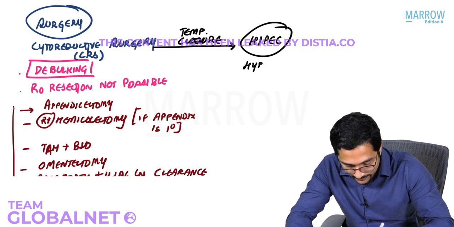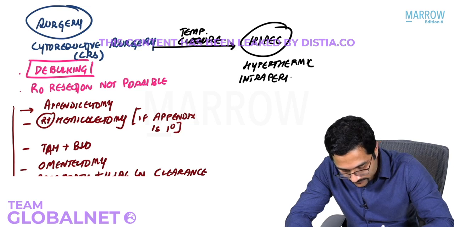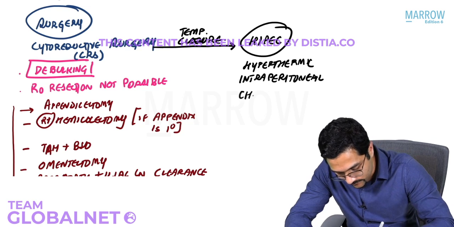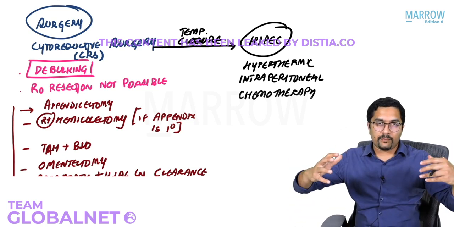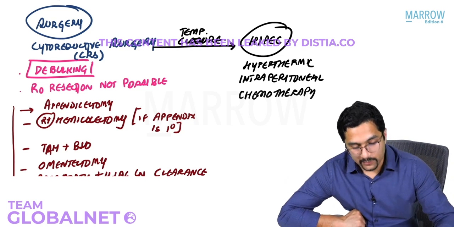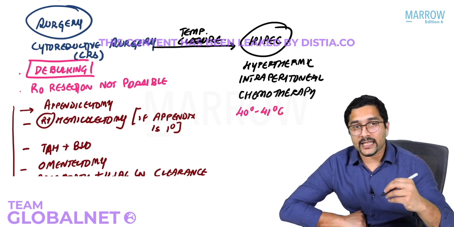HIPEC is hyperthermic intraperitoneal chemotherapy. So what we are doing is we put in tubes inside, and we are going to put in heated chemo agent. So this is at 40 to 41 degrees centigrade heated chemo agent.